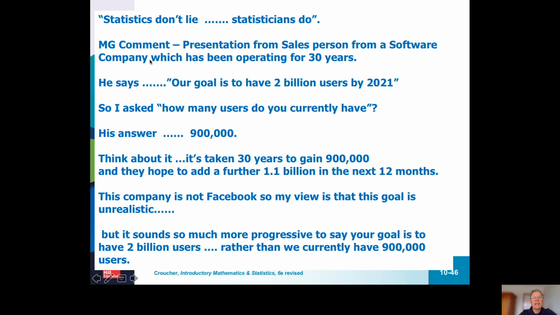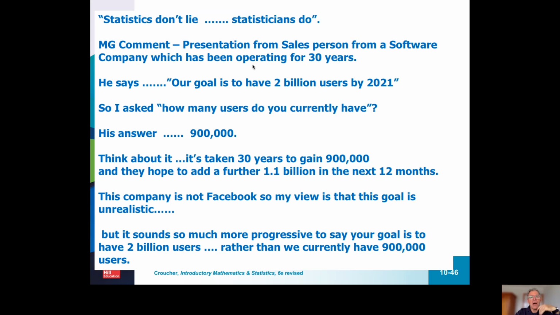Quick slide here, bit of a case study from a presentation I went to, and you've heard the saying, perhaps, statistics don't lie, but statisticians do. I happened to be at this presentation where there was a salesperson up the front, and you probably have come across salespeople, real estate agents perhaps, or car salesmen who have a habit of presenting an optimistic view of the world.